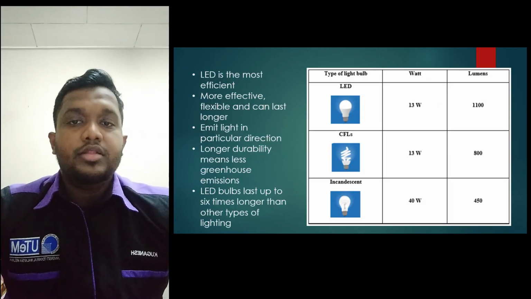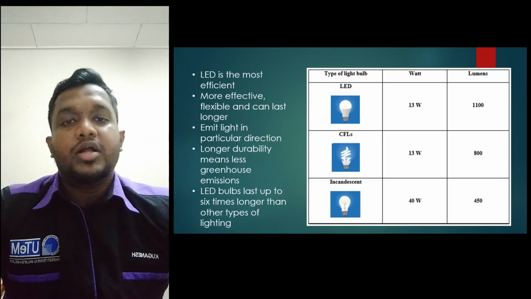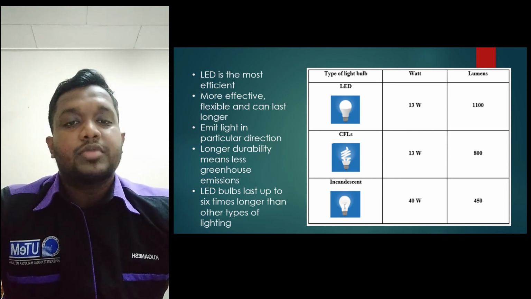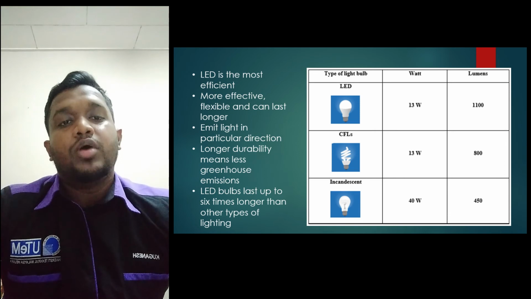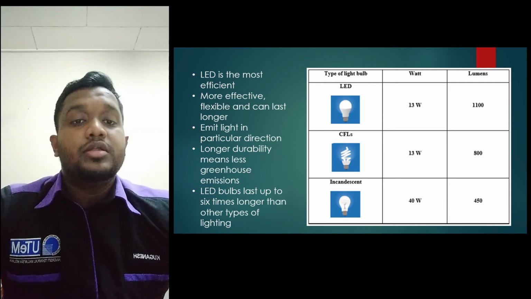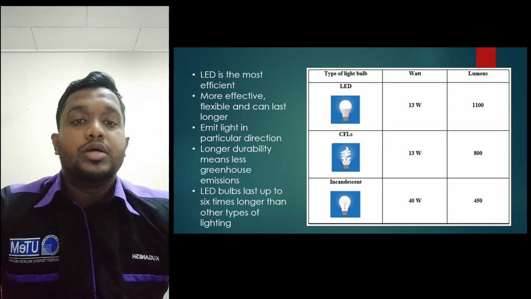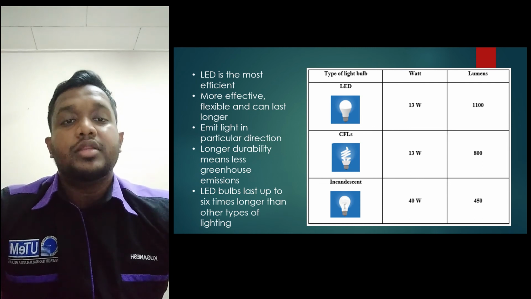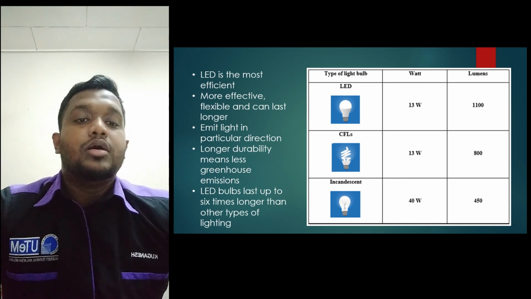microfarad. In this section, the types of bulbs shown in the specifications are LED, compact fluorescent, and incandescent bulbs. You can see the wattage used in this project is around 13 to 15 watts. The 13 watt LED bulb needs 1100 lumens, the 13 watt compact fluorescent bulb needs 800 lumens, and the 40 watt incandescent bulb needs 450 lumens.